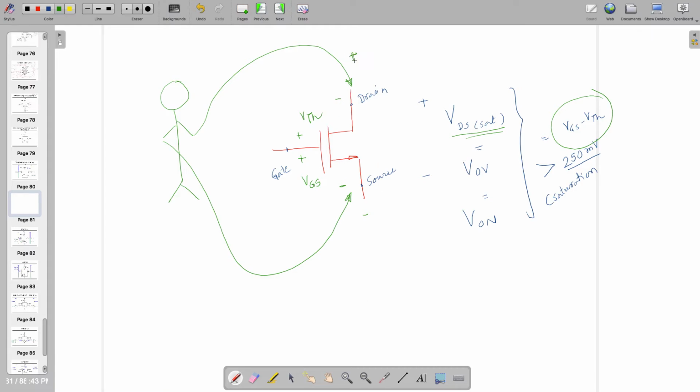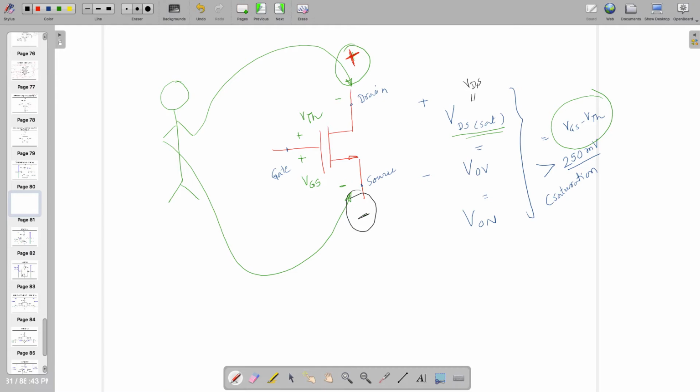With respect to this one as the plus terminal, and this one as the minus terminal, in that case this side is VGS minus VTH and the other side is VDS sat, or sometimes you can simply write VDS also, right? And a similar thing you can apply to the pMOS side.